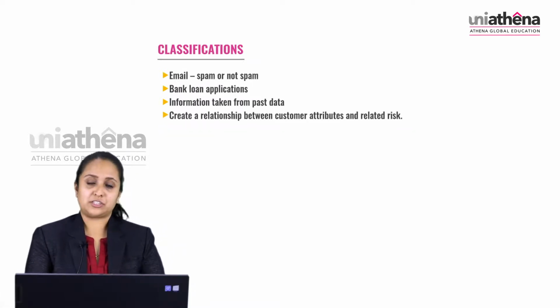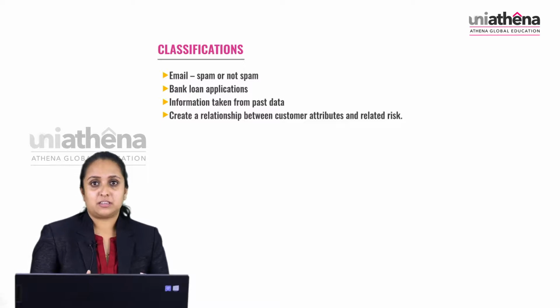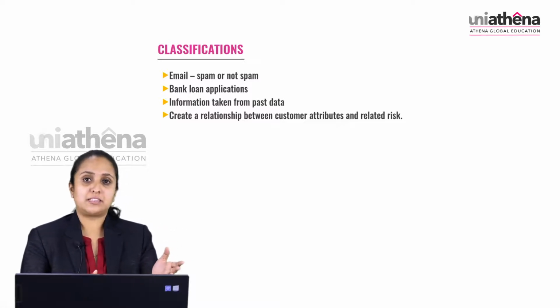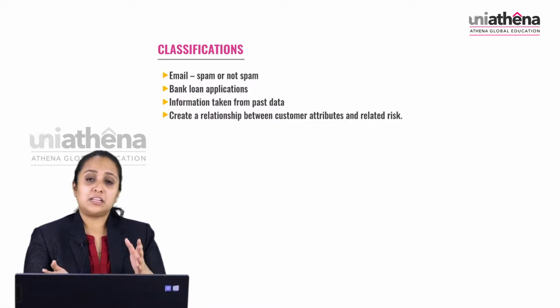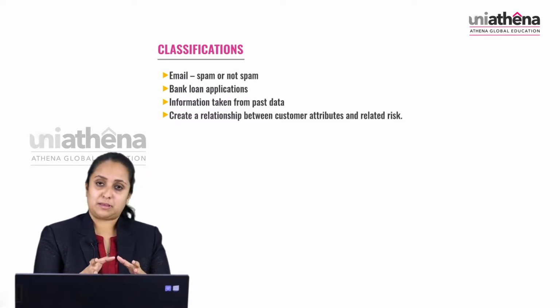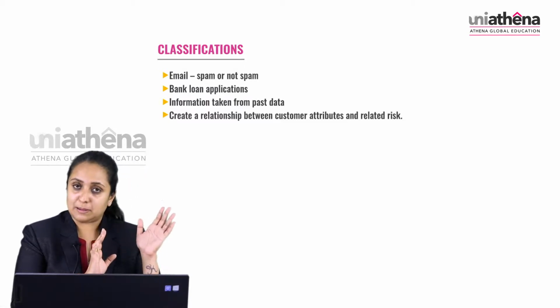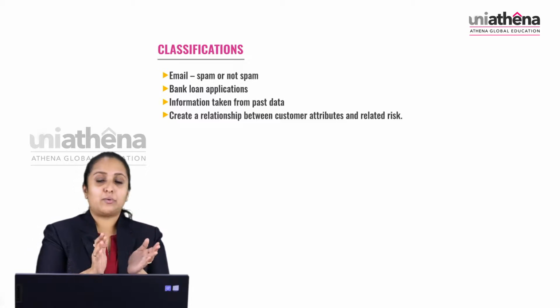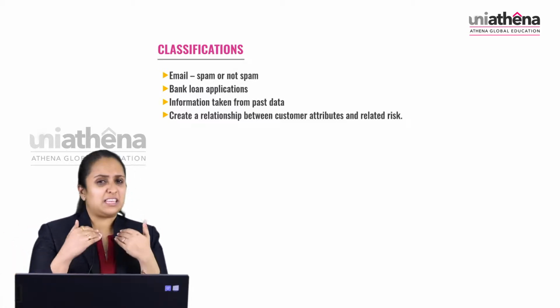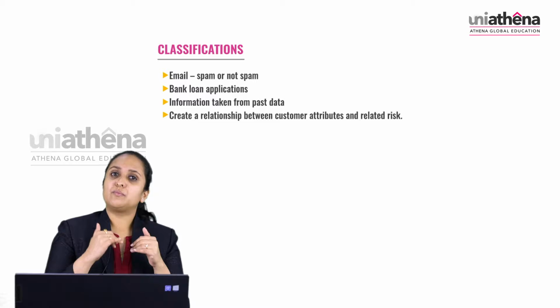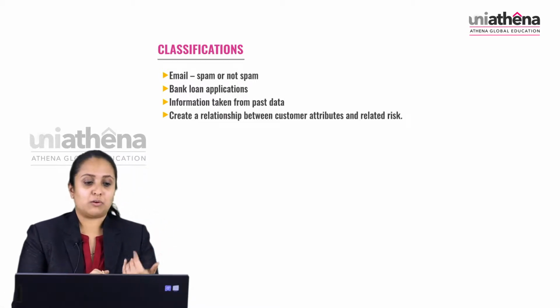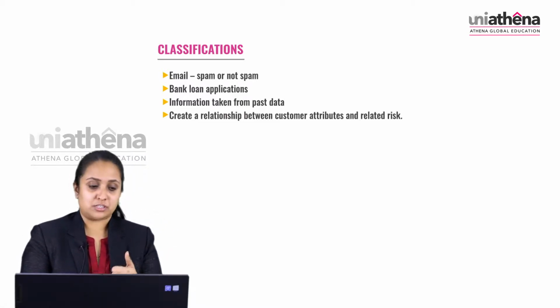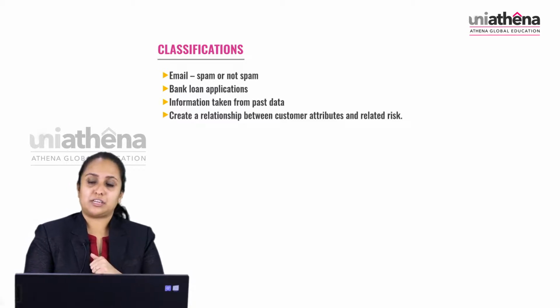Now, classification, definitely emails, where we are getting mails like spam or not spam. This comes under classification. Some important mails are marked under the important category, ads are going under the other category, and the emails which are not relevant to us will go under spam. Now, bank loan applications are also using this classification. How?